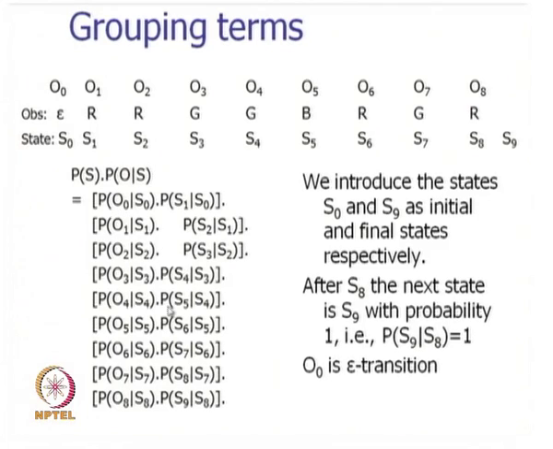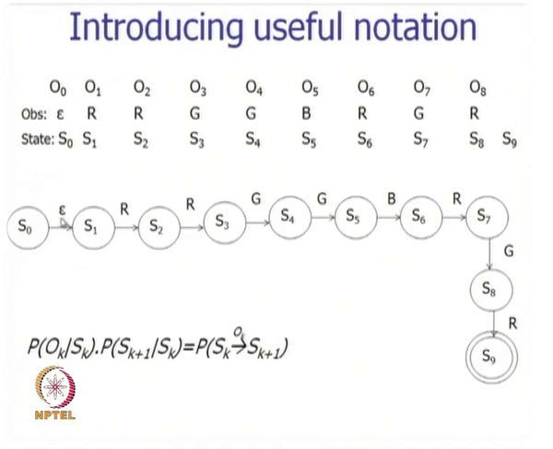Similarly, this expression goes from state S5 to S6, as is indicated by the conditional probability here, and the output produced is O5, which is one of the colored balls. Therefore, this probabilistic expression P(S) into P(O given S) has now become a finite state machine with probabilities associated with the arcs and the observations also marked on the arcs.